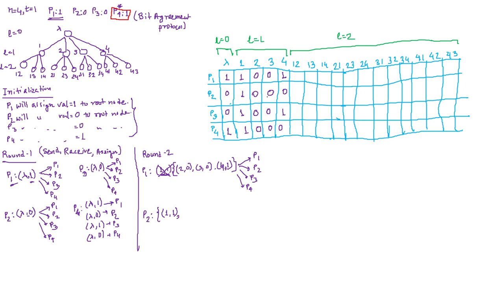Next information is value 0 at node tag 3, so 3, 0 and then 4, 0, right? All this information will be sent to all the parties including itself.